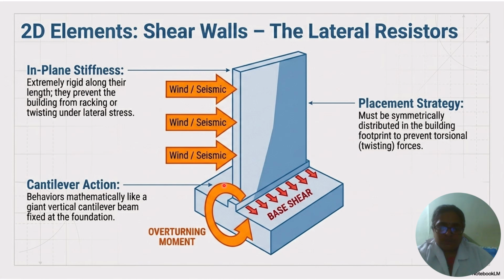As you can see, it is fixed at the foundation and free at the other end. The placement strategy is that it must be symmetrically distributed in the building footprint to prevent torsional forces, that is overturning moment and base shear, and the wind and seismic forces will be acting in this direction.